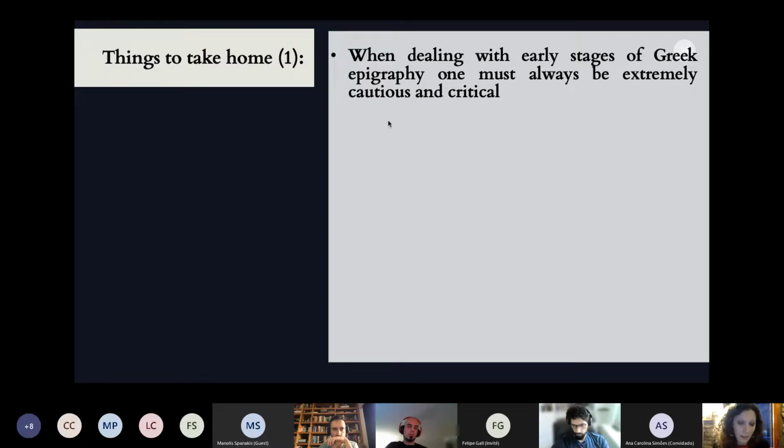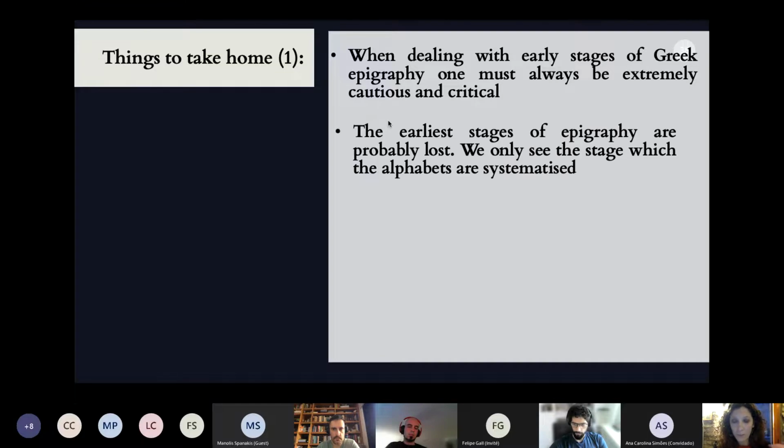So I think the way to avoid using old theories and going on with them without really having proof of them is to be very critical and try to rethink the whole process using comparison with other alphabets, other writing.